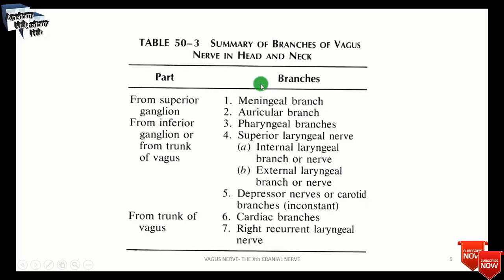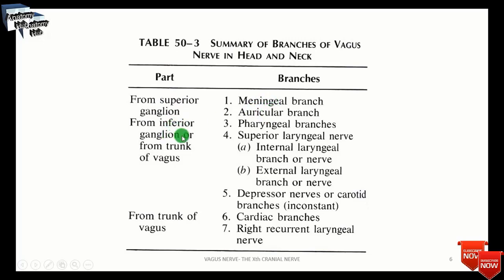So the branches summary that we can see here, that from the superior ganglion we will find the meningeal branch and the auricular branch. Both are the sensory or afferent fibers.